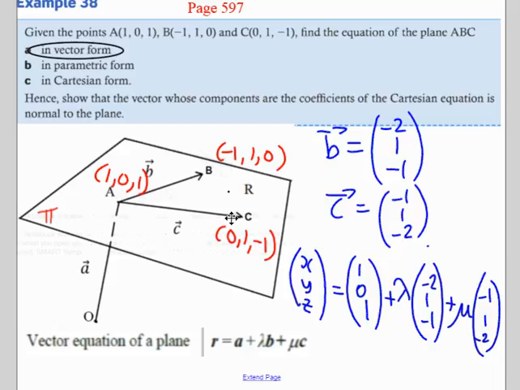And the vector AC, similarly, work it out. And then fixed point A. And then you replace them in the general equation and you get this. Actually, we could have started with point C as the fixed point. It amounts to the same thing. So that's the vector equation.